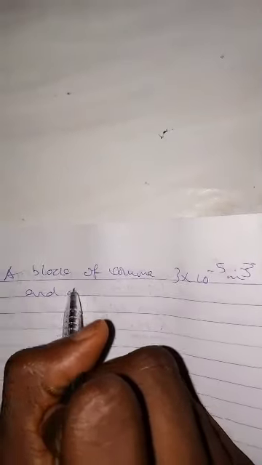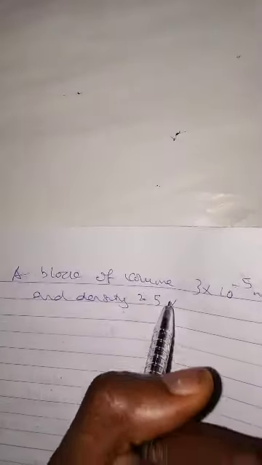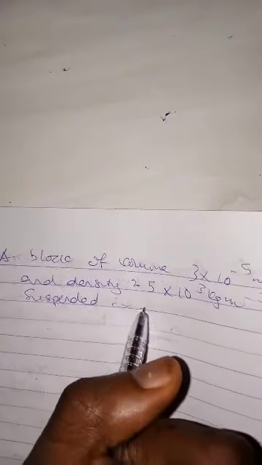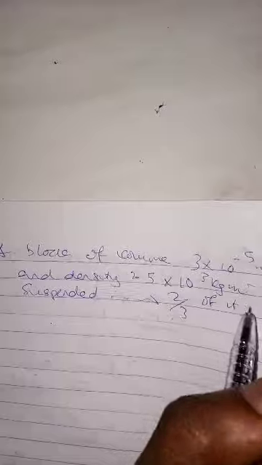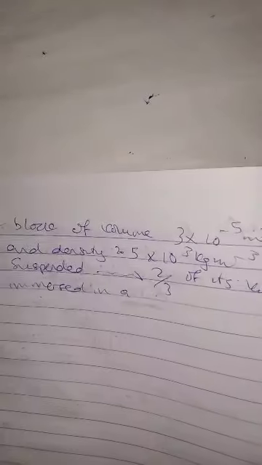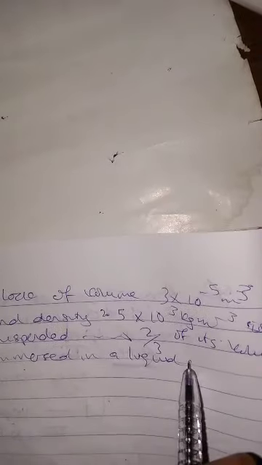A block of volume 3 times 10 raised to the power minus 5 meter cube and density 2.5 times 10 raised to the power 3 kilogram per meter cube is suspended from a spring balance with 2/3 of its volume immersed in a liquid of density 900 kilogram per meter cube.